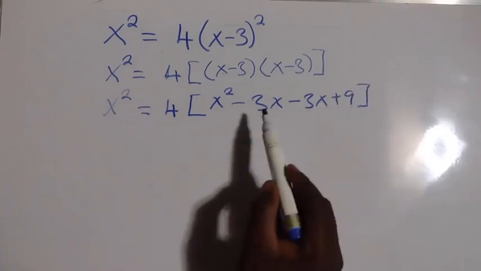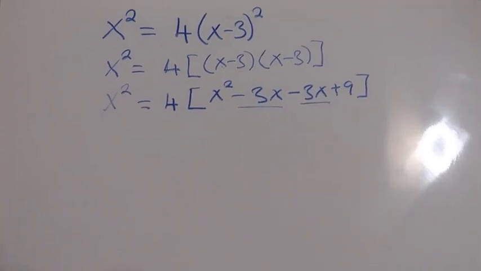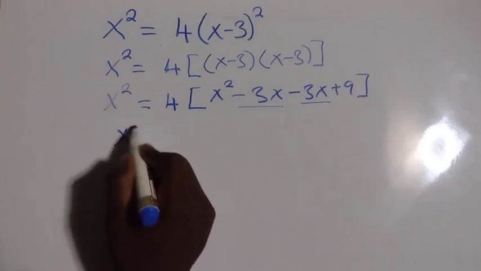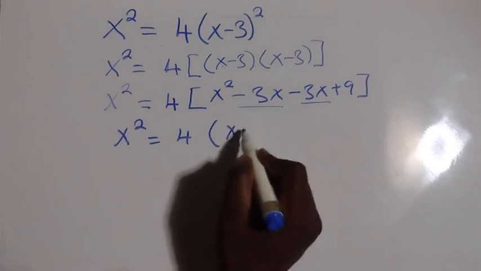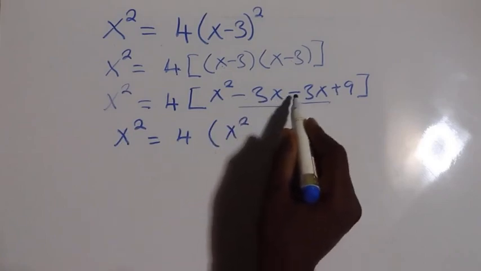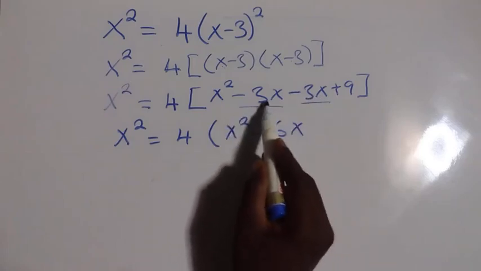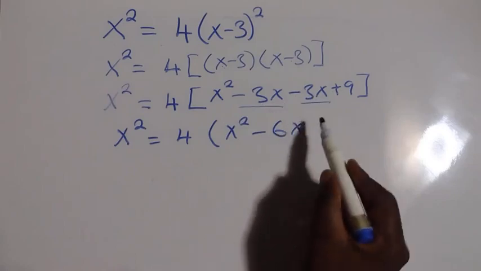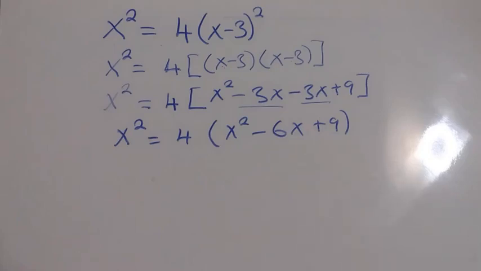So we can just simplify. We have negative 3x, again negative 3x. We can simplify them. So we are going to have x squared is equal to 4 times x squared, then negative 3x, negative 3x gives negative 6x, then plus 9. Okay, that is what we are going to get.